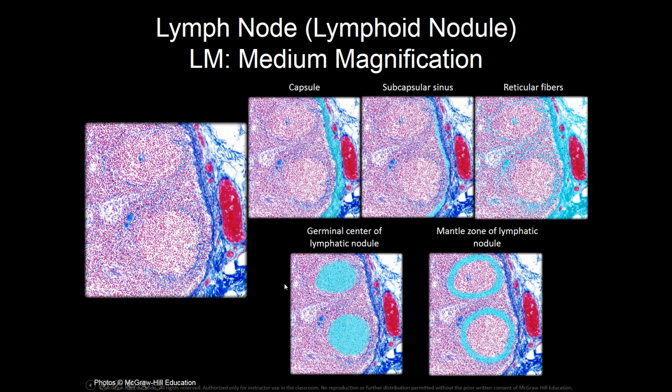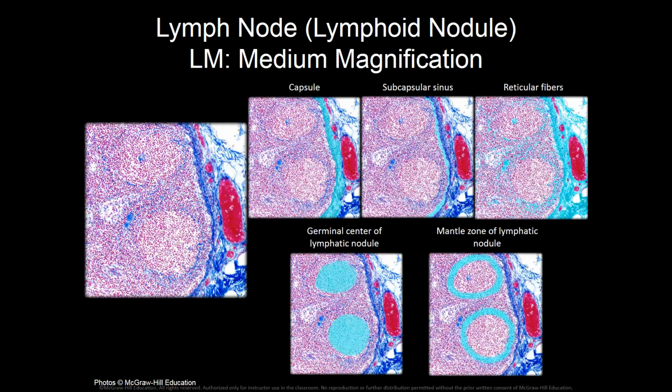If you magnify one of these regions within the lymph nodes, you will be able to see the capsule, which is this. And then you will be able to see these germinal centers or lymphatic nodules. So in here, within these germinal centers, we will have these lymphocytes that, as the lymph is passing through, will help to detect anything wrong within the lymph.